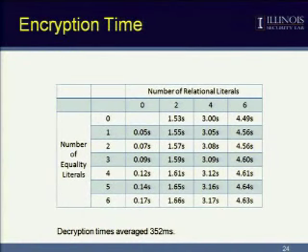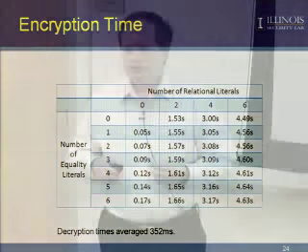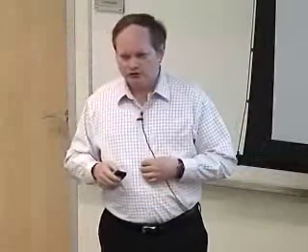Now, encryption is done on the client, and so I don't think it's very performance concerning. We do have numbers. If you have a lot of relation literals, then you're going to cost yourself for that.